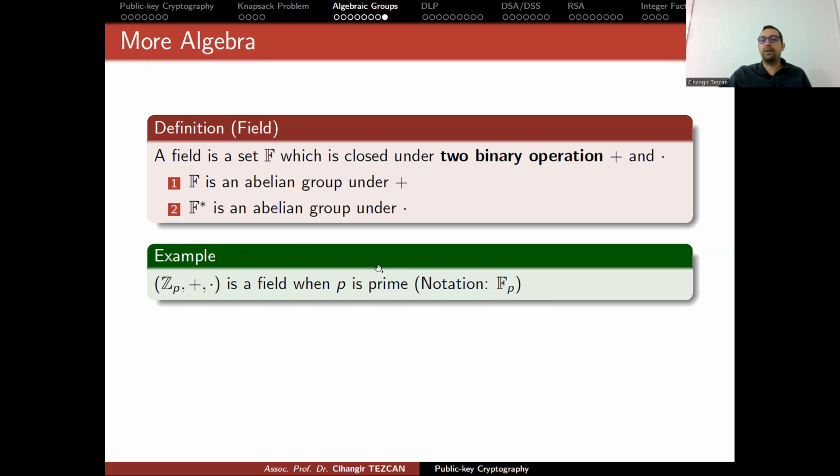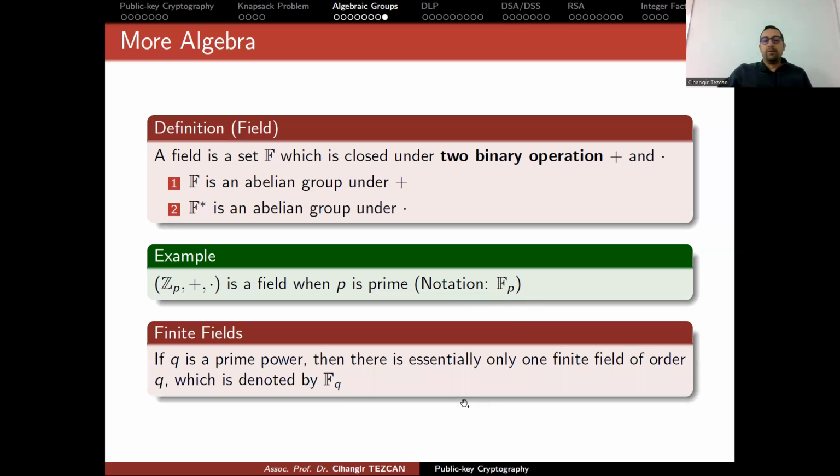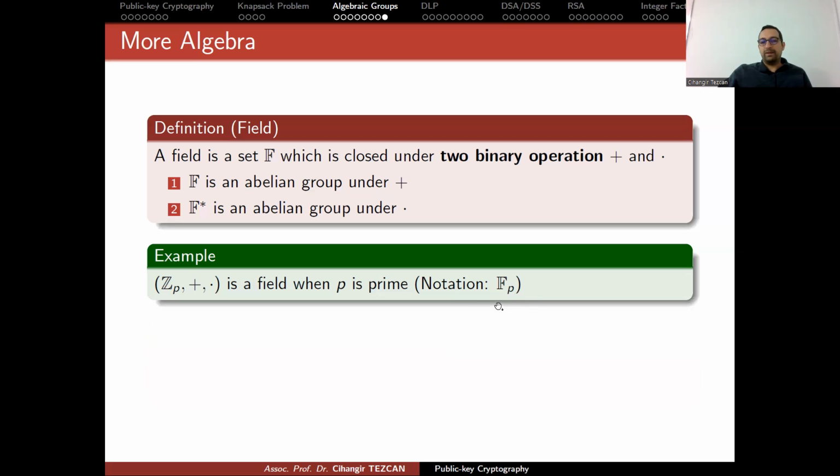Okay. Finite fields, most of the time we are looking at when p is prime. But more importantly, we said that when this p is not prime, we cannot guarantee that it is always a group or a field, right? So the question is, are there any other finite fields where p is not prime?